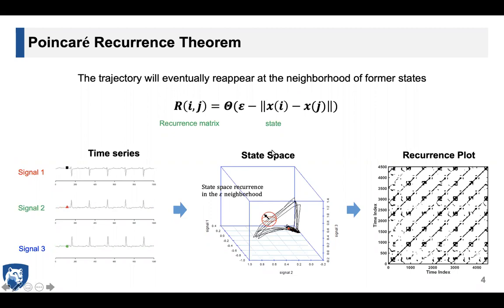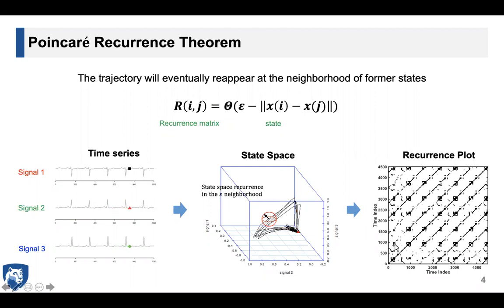If the trajectory reappears in this epsilon neighborhood, then we have a recurrence behavior, and we put a black dot at the corresponding place in the recurrence plot. On the other hand, if the trajectory doesn't go through it, we leave it white because we don't have any recurrence pattern at the corresponding time.